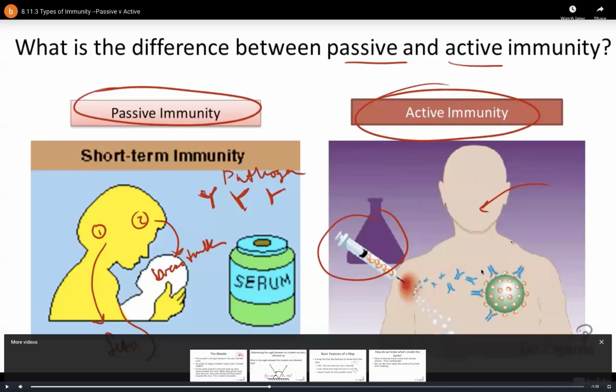And now we also know this. These are antibodies. And remember, we talked about the agranulocytes, the lymphocytes, the B cells. The B cells are the ones that get exposed to this pathogen and actually make these. Okay, so now you know the difference between active and passive immunity.